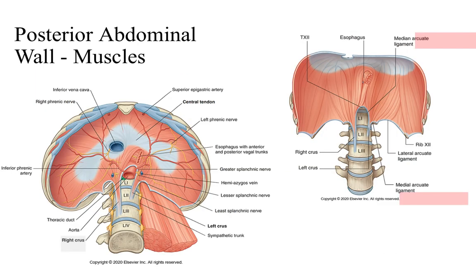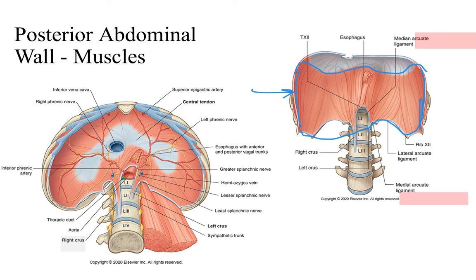All right, the other posterior abdominal wall muscles, of course, would be those that are part of the diaphragm. So I'm outlining the diaphragm right here, ignoring the central tendon because it's not a muscle. So again, the diaphragm.